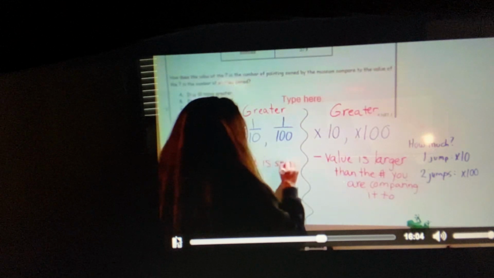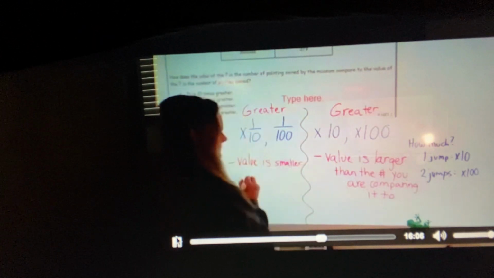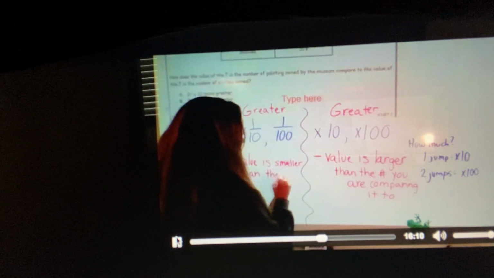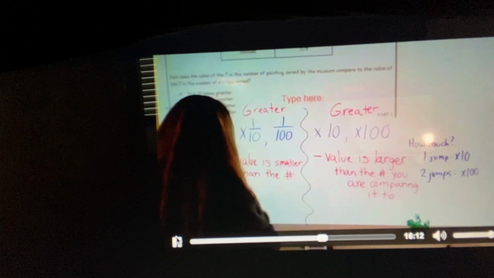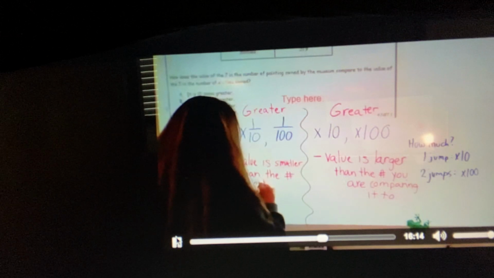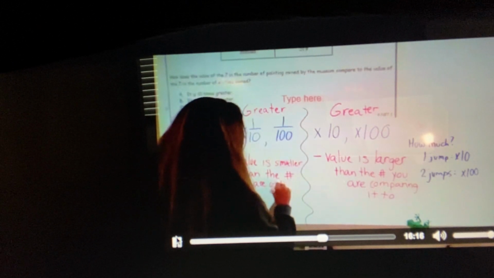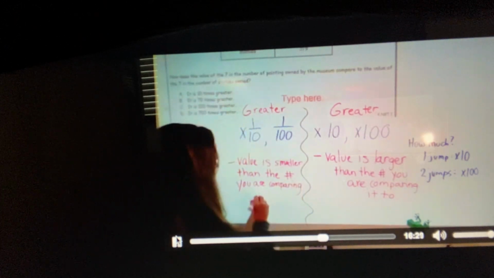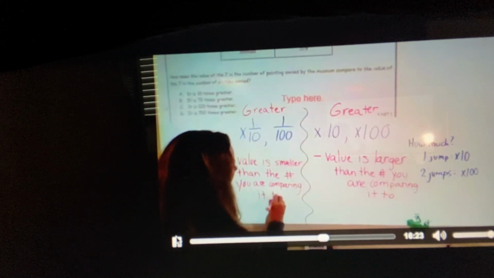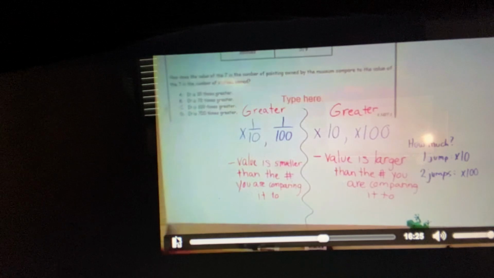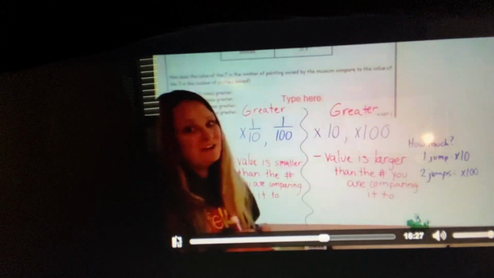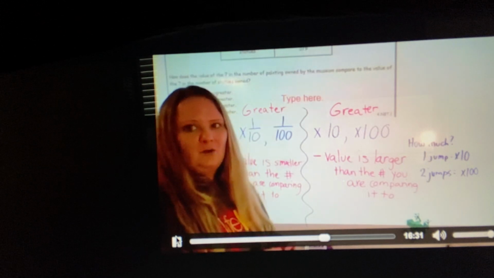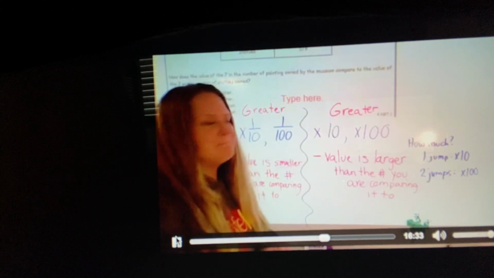Is smaller than the number you are comparing to. And I'll be honest, boys and girls, I write more for speed than for beauty. Believe me, I can write neat. But in 5th grade, we always have so much stuff we have to cover, so I try to write a little quickly. And for you guys at home, you can always pause the video if you need more time.